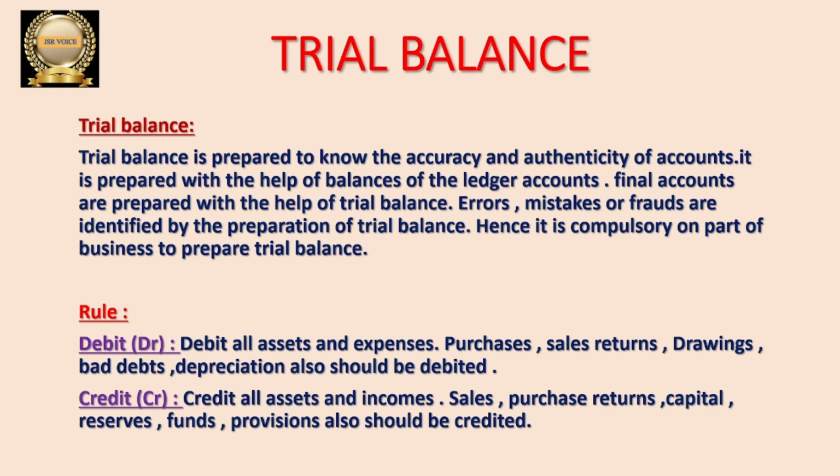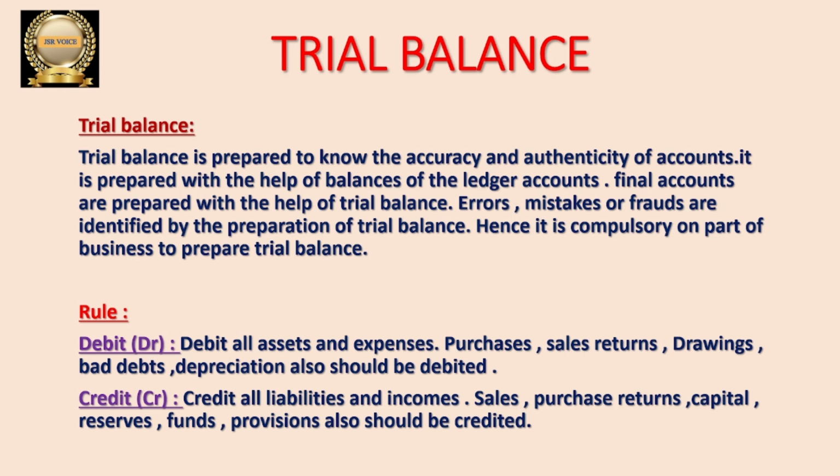Let us see what the credit rule is also. Credit is always denoted by CR. CR means credit. So what should we credit to prepare the trial balance? Credit all liabilities. Our credit rule is credit all liabilities and incomes.